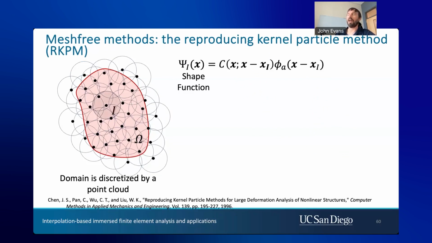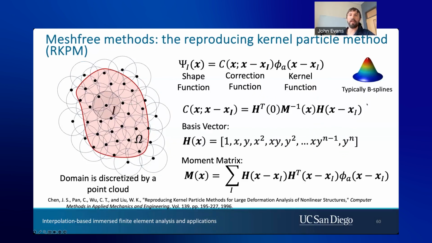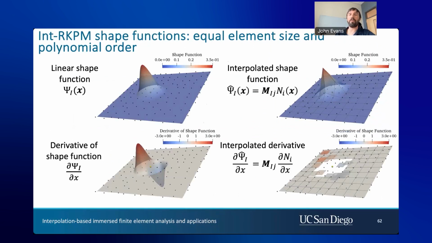method, where we have these basis functions that look like this, where you have these correction functions multiplied by your kernel functions to get these functions to look like this. So I don't want to get into all of the details here, but you can imagine if we've got a foreground mesh, we can interpolate these functions as well.